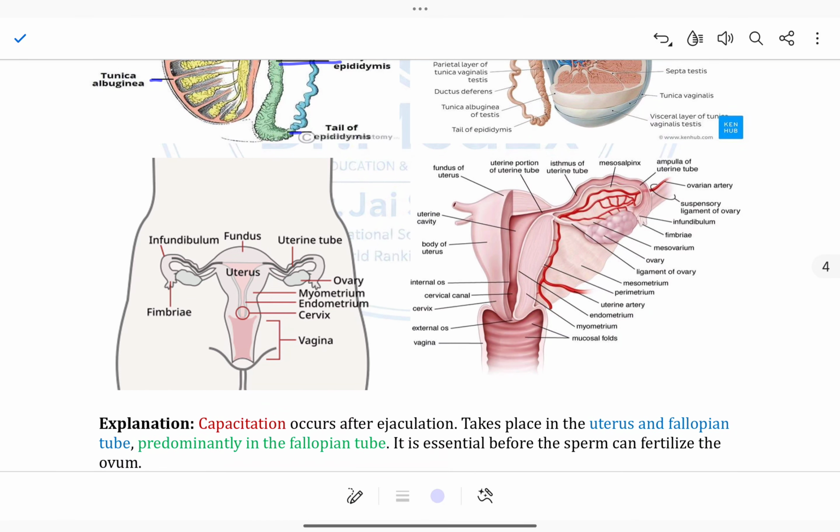You can learn it. These are the mucosal folds of the fallopian tube, and here you see the vagina, uterus, fundus, uterine tube, infundibulum, and fimbriae.